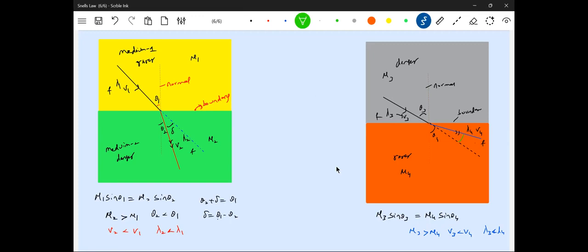This is the deviation. So what is the deviation equal to in this case? The deviation should be equal to theta 4 minus theta 3. So when a ray of light moves from denser to rarer medium, the deviation will be angle of refraction minus angle of incidence. When a ray moves from rarer to denser, the deviation will be angle of incidence minus angle of refraction.